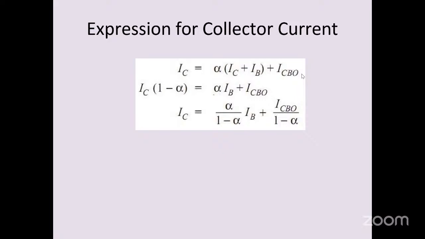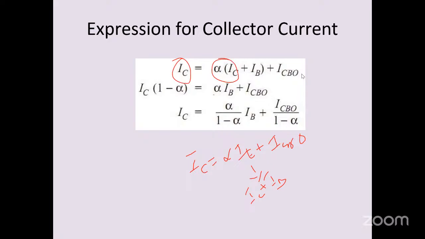Actually, IC equals alpha IE plus ICBO, and IE means IC plus IB. So here IC is there, and here also alpha IC.